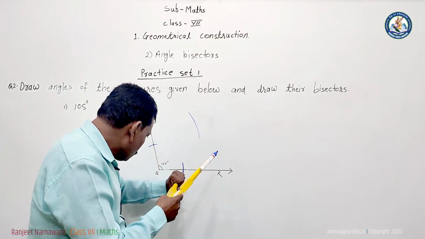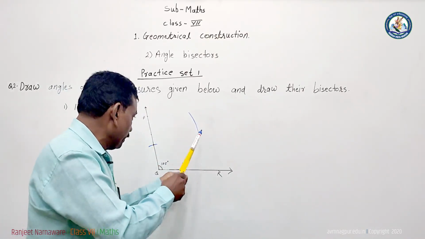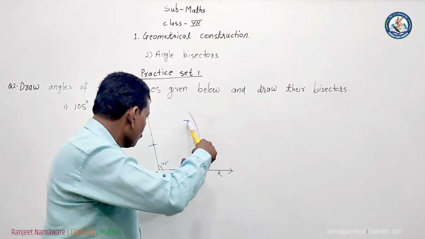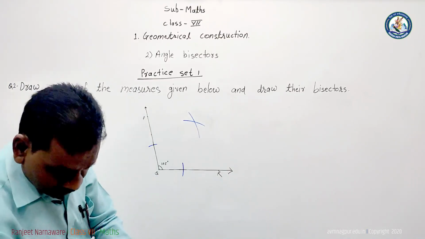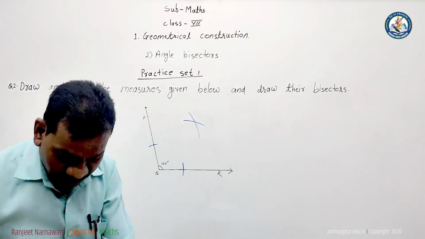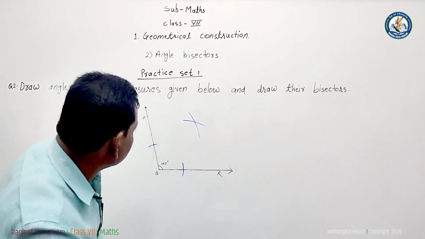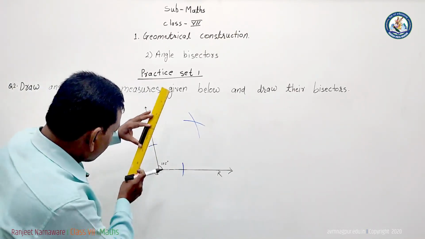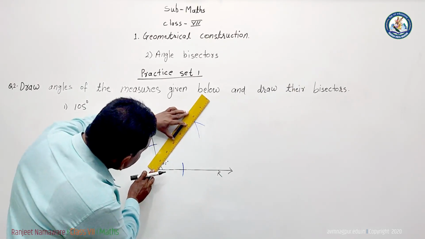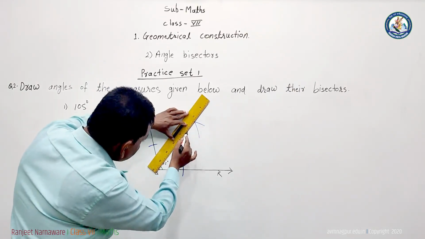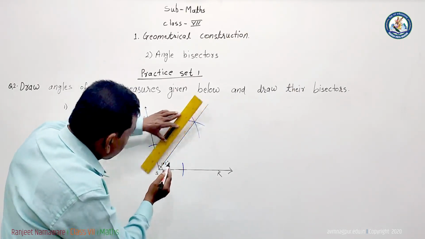Then do the same procedure with this point too. We get the intersection of two arcs here. Then join the intersection of these two arcs with the vertex of the angle. We will get an angle bisector.